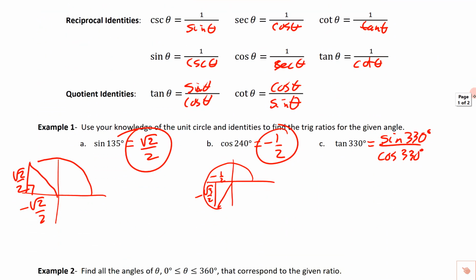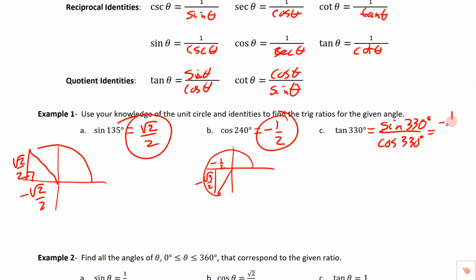So the sine is negative 1/2. The cosine is radical 3 over 2. This is a complex fraction, so we flip it over and we multiply. So we've got negative 1/2 times 2 over radical 3. Those cancel. Negative 1 over radical 3.